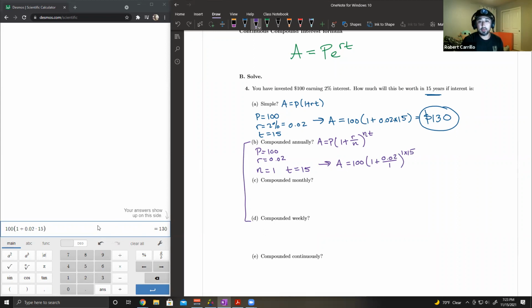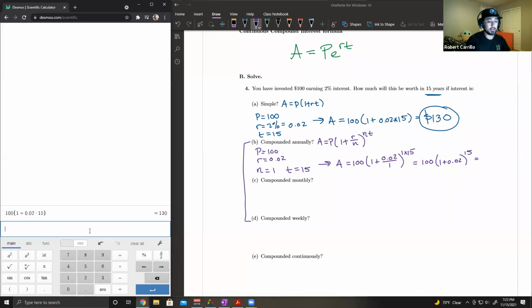Okay, so we can make this a little pretty before we go and type it in. I'm just going to rewrite this as 100 times 1 plus 0.02 to the 15th. You can even write the 1 plus 0.02 as 1.02. So here's how I'll type that in: 100 times 1.02 all raised to the 15th. Look at that.